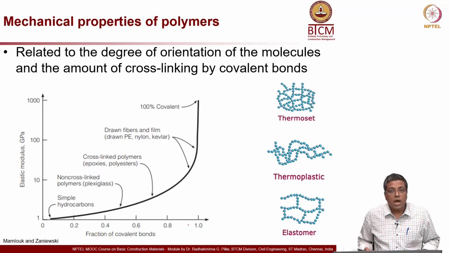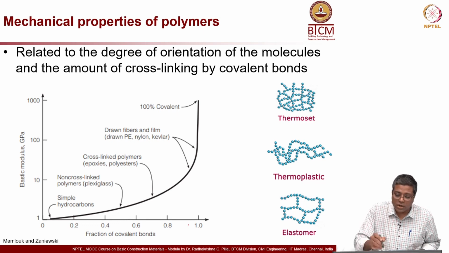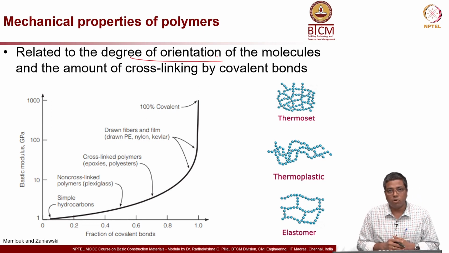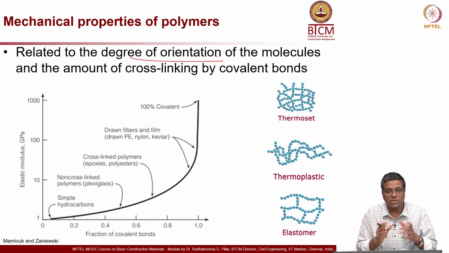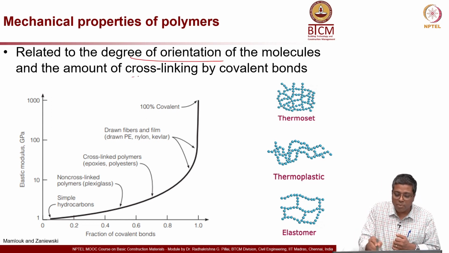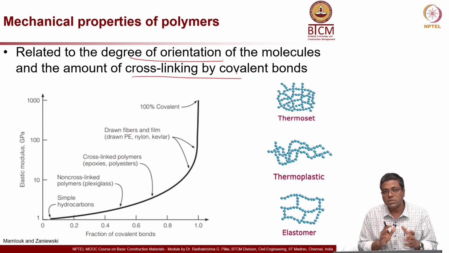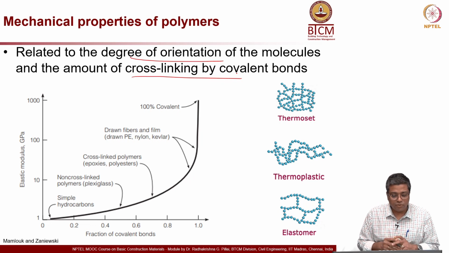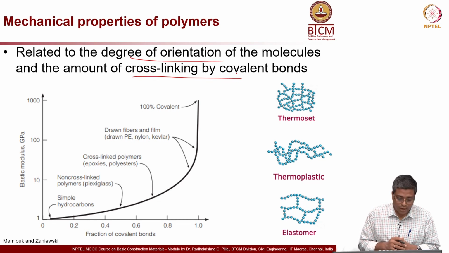So, I will show you how the mechanical properties of various polymers change, and they are definitely dependent on the degree of orientation of the molecules or the crystal structure and the amount of cross linking. Both these are influencing the mechanical properties of the polymers. Here is an example graph which compares various materials and their elastic modulus.